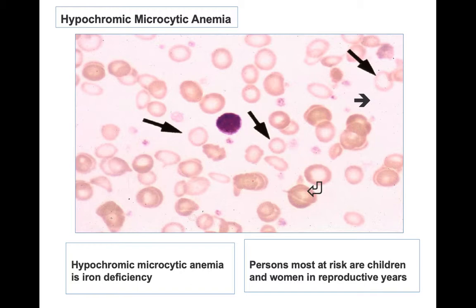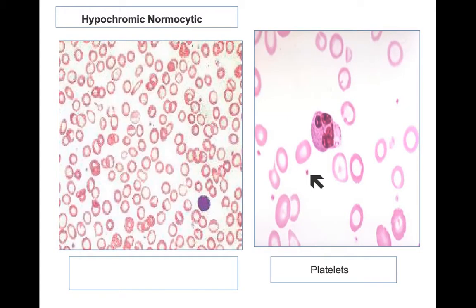Most persons at risk for this are going to be children and women in their reproductive years, and this is mostly because of iron deficiency. So if I don't have enough iron in my system, I will have what's called iron deficiency anemia, and I can't make enough hemoglobin. And same thing that you see here. This is going to be hypochromic. This is definitely hypochromic. This is pointing to a little platelet here.